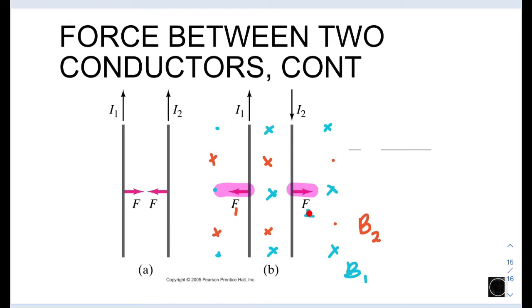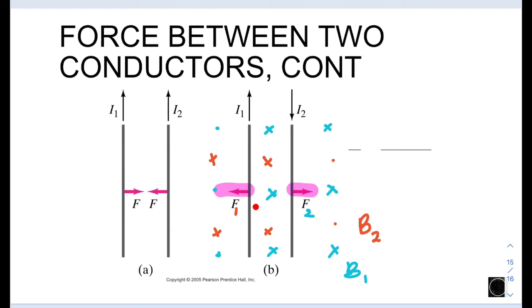But if you have two long straight conductors having current flow in the same direction, the force experienced by the conductors will be in opposite directions and an attractive force. This one will be repulsive force.